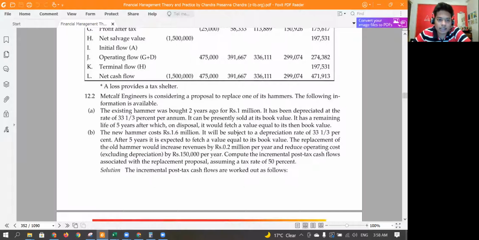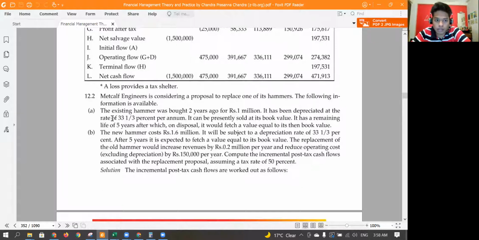So what the question says is that basically there's an existing hammer and they want to replace that hammer with a new hammer. And because of the replacement, firstly there is an investment outlay in the initial phase, and it'll increase the revenue by 200,000 per year and so on. So you can just read through the question.